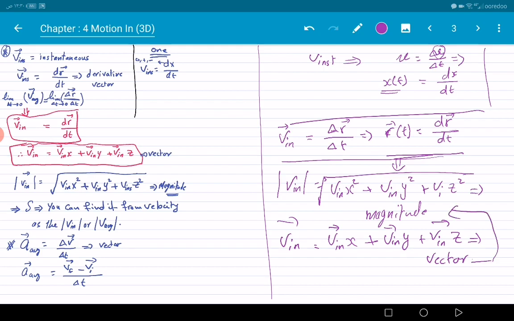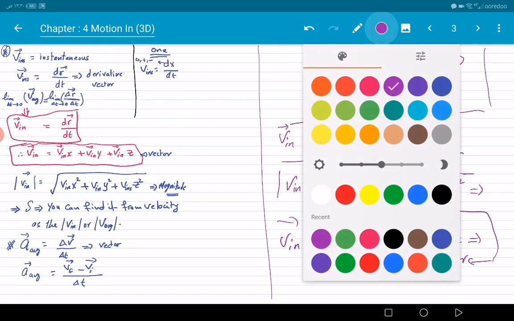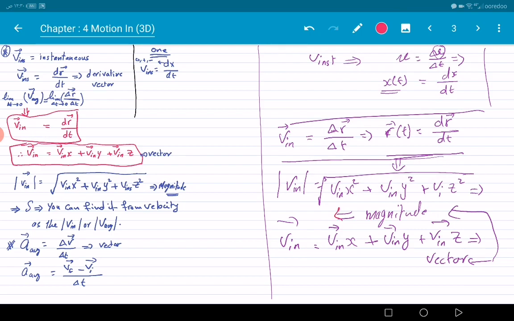From this point, it's a very important point, we can find the speed, and I cannot find the speed if I am not finding the velocity. So the absolute value, القيمة المطلقة, as a magnitude of the velocity, is the speed.